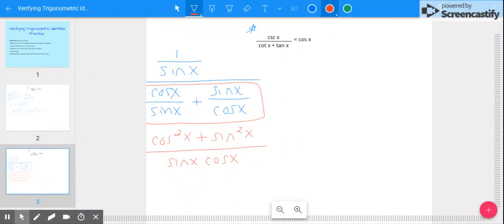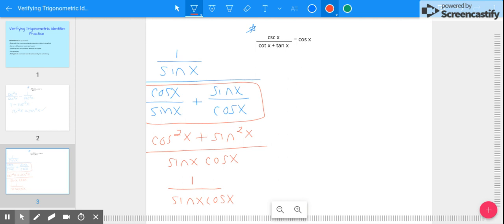So now that still looks a little bit messy, but in the numerator, cosine squared x plus sine squared x, that's our Pythagorean identity, so that all goes to a 1. So now the denominator of the original expression is just 1 over sine x cosine x.